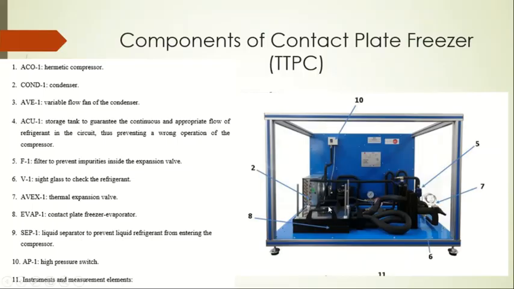Then we have 5, okay, which is present here, and 5 is nothing, it's a filter to prevent the impurity inside the expansion valve. So the main purpose of the filter is, definitely, when the refrigerant moves around time to time, definitely you can say these boundary layers, like the solid boundary of the copper or maybe the pipeline.